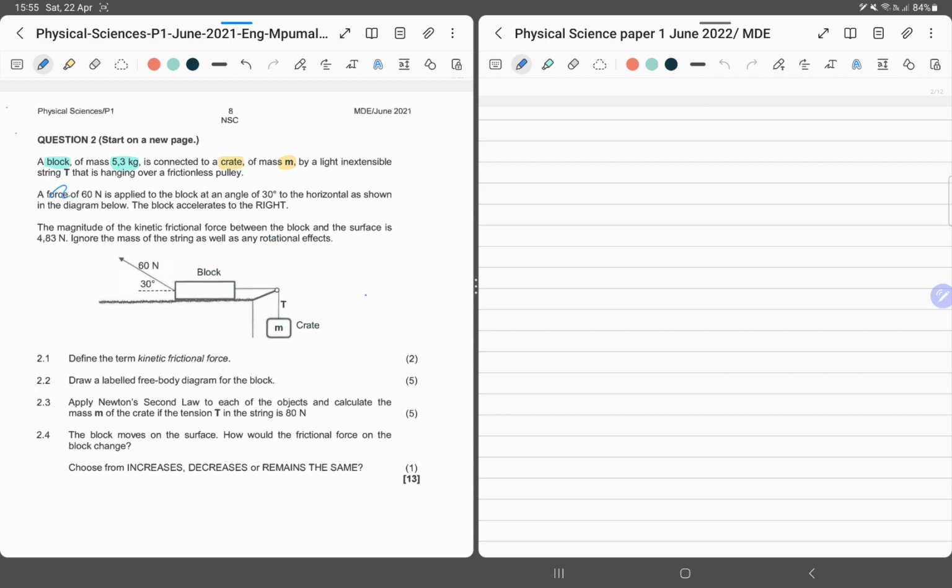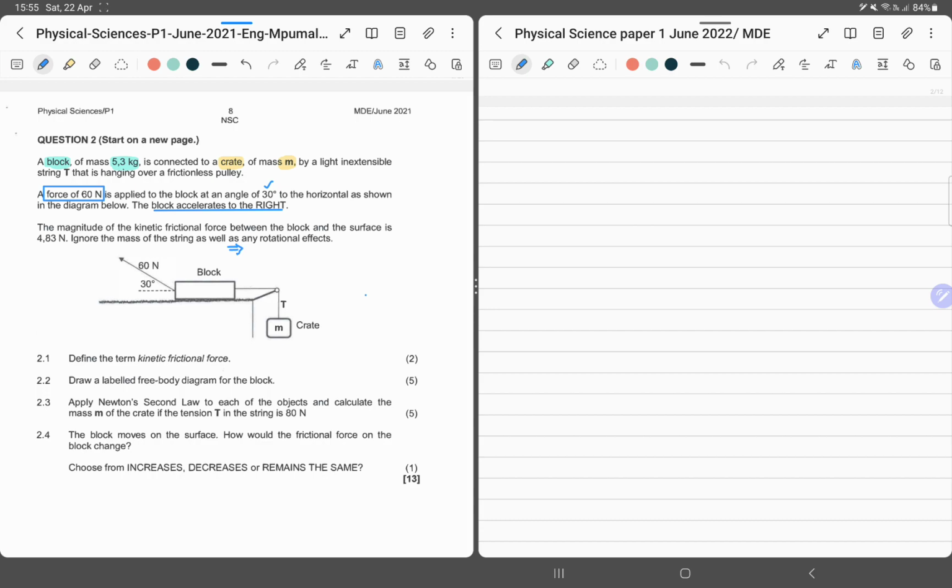Now a force of 60 newtons is applied to the block at an angle of 30 degrees to the horizontal as shown in the diagram. The block accelerates to the right, so meaning the direction of motion is this way. That is very important.